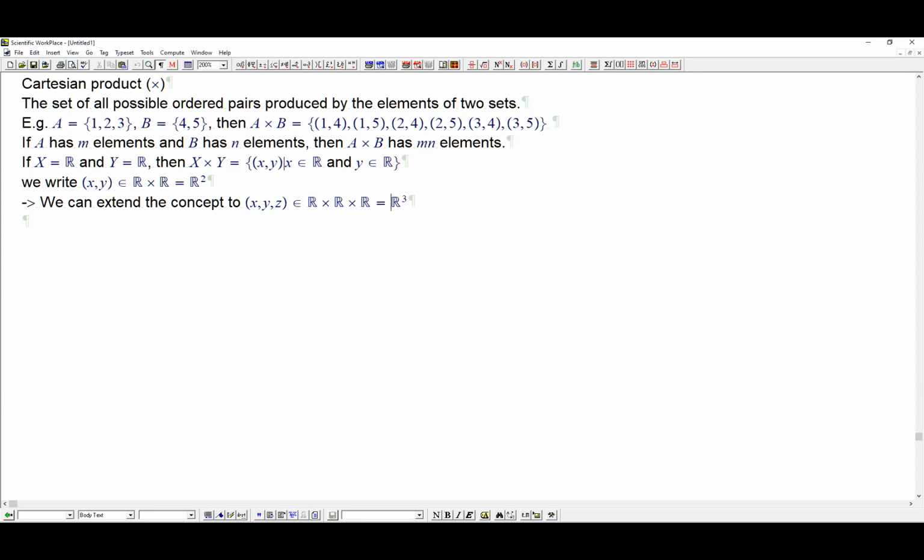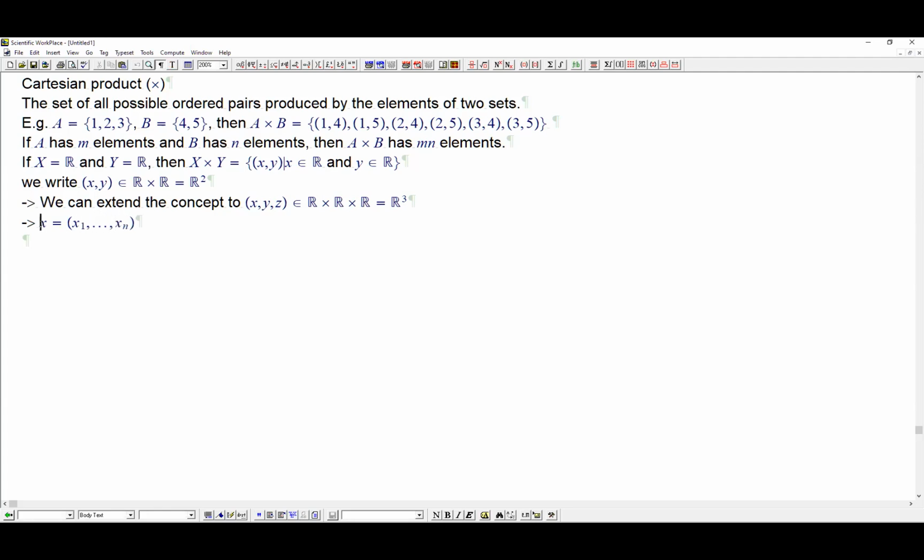I can even go one bit further and say that we can have x, which I'm going to write as x1 to xn, with commas.